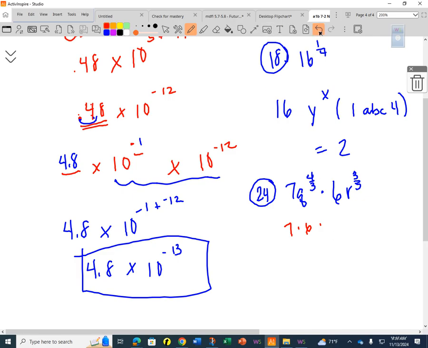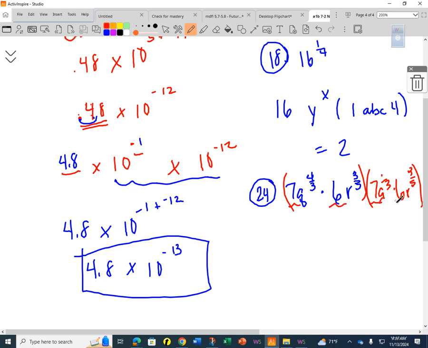Don't rearrange yet. That's not the whole problem, is it? Okay. 6 times 7q to the 1/3 times 6r to the 3/5. Pretty messy, but you guys have that problem there. So let's rearrange.